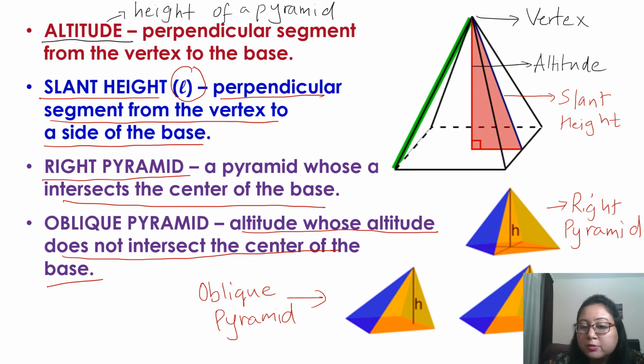Whereas in an oblique pyramid, the angle is not 90. It can be different from 90, and that's why it's an oblique pyramid. So the altitude in an oblique pyramid does not intersect the center of the base. So with that, we have covered all the terms and the new vocabulary of this lesson related to pyramids. So let's move further now in the lesson.